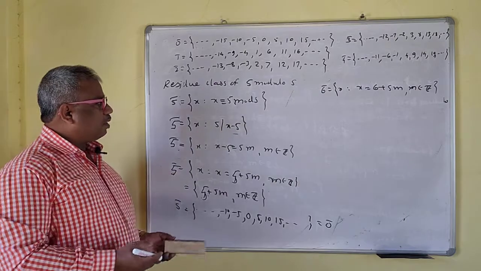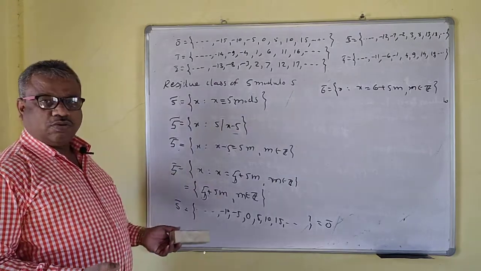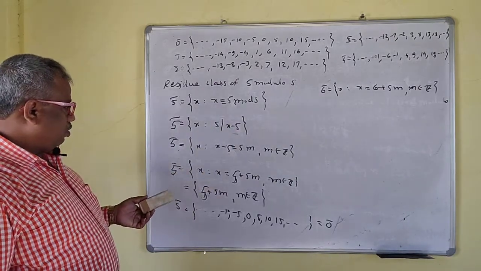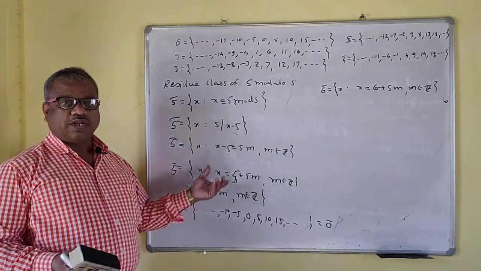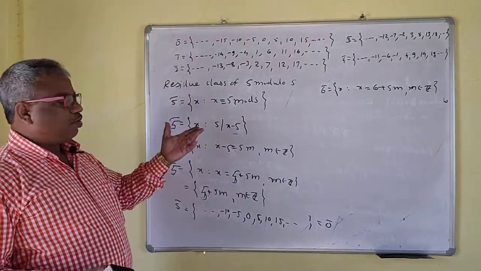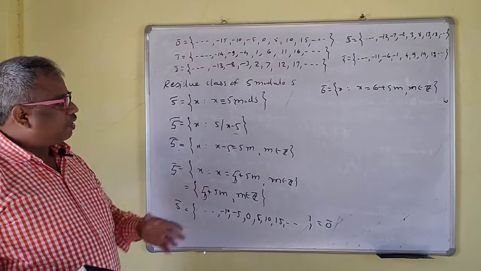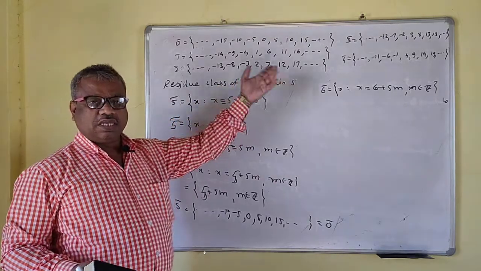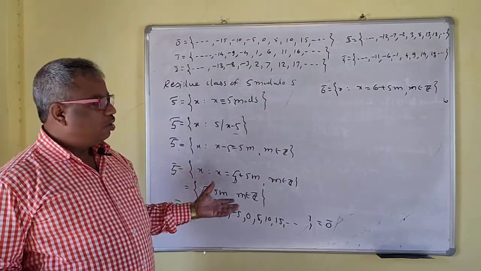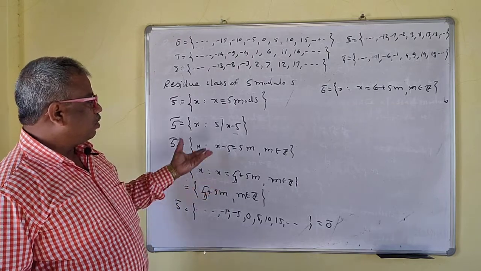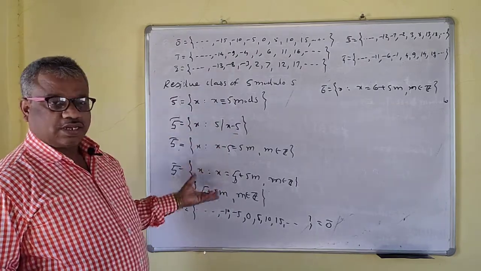This is not actually part of the theorem. We are acquiring the knowledge of how to find the residue classes modulo 5 or modulo 6 or modulo 7. You can replace this 5 with 6 or 7 for your knowledge. Okay, so you can do it for practice also.